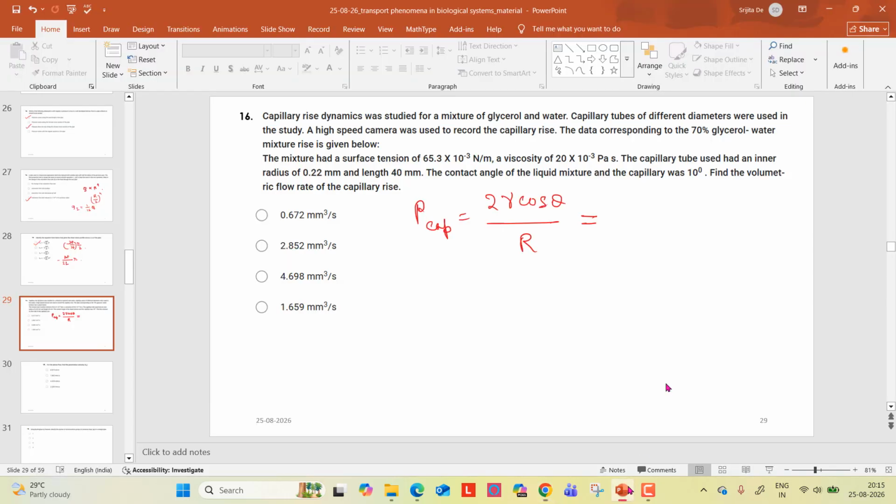Let's calculate first. So 2 into gamma is given as 65.3. I'm not writing the expression, you can do it yourself.